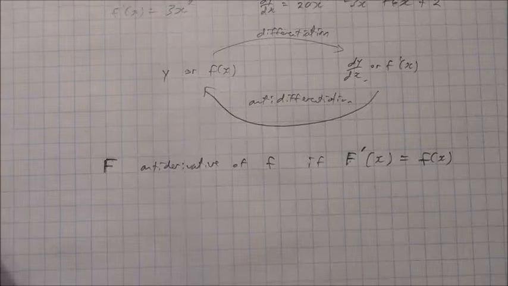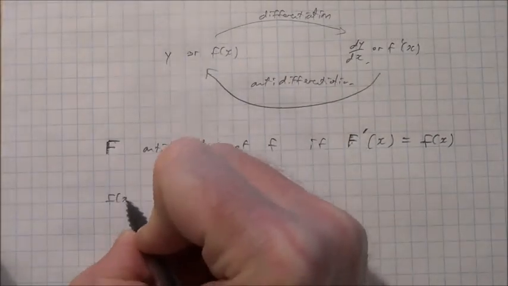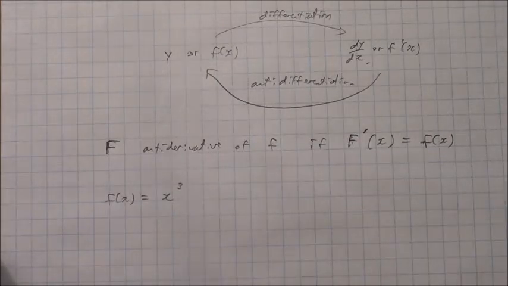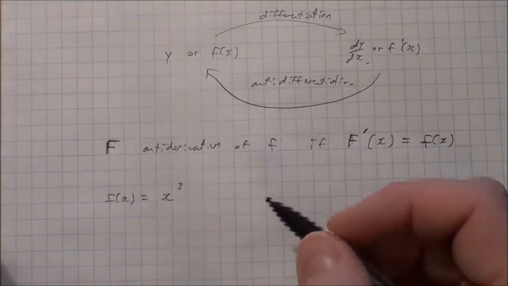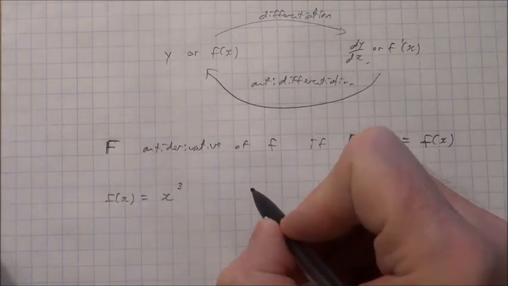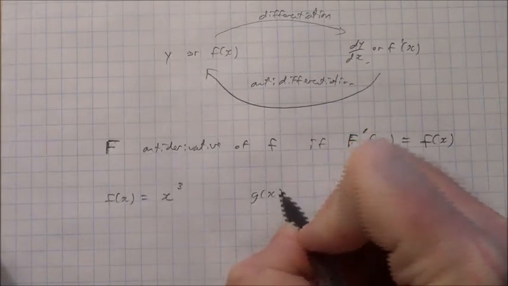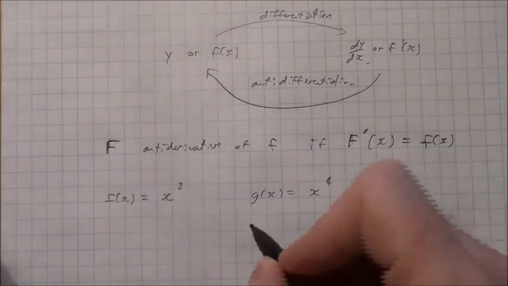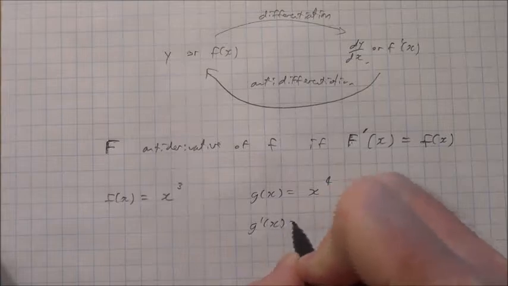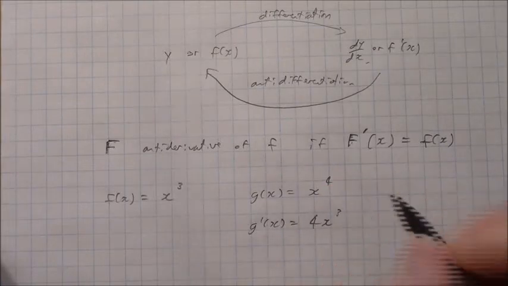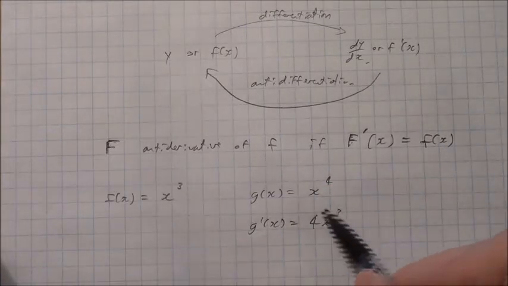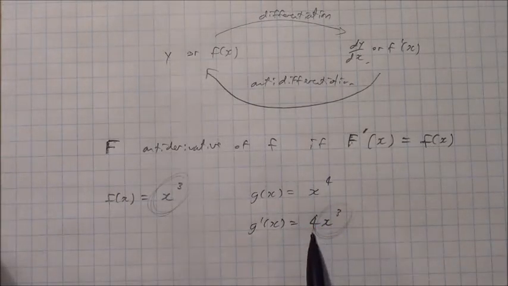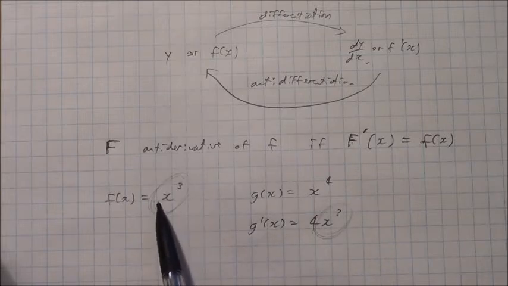So suppose we start with a function, and we'll start off nice and simple, x cubed. If we want to find the antiderivative of this, let's first consider g of x equals x to the power 4. Then g prime of x is going to be 4x cubed. We've got the power part that we started with, but here we've got a 4 that we don't have here.